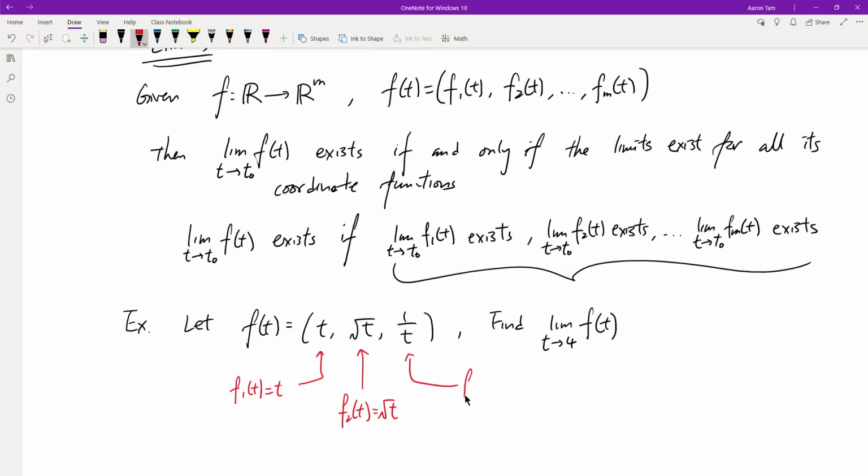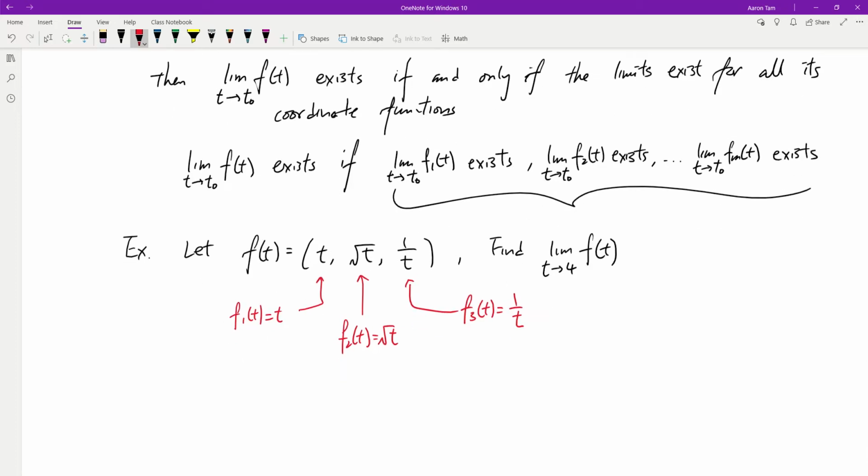And this is our f sub 3 of t, which is 1 over t. So if I want to find the limit as t approaches 4 of f of t, all I have to do is simply do the limits for each of these coordinate functions and then see if they all exist. And if they all exist, then we are good to go.